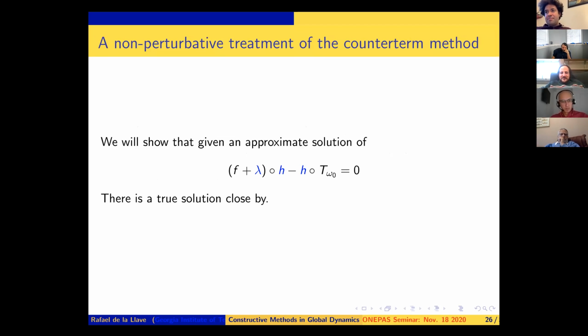Okay, so let me try to describe the counterterm method, and I am going to treat it in a non-perturbative way. I am going to study these equations, and I put in blue the terms that are the unknowns. You have an approximate solution, and then you want to try to get a true solution close by.